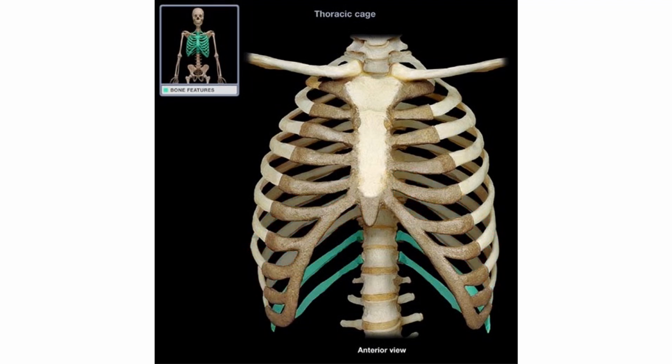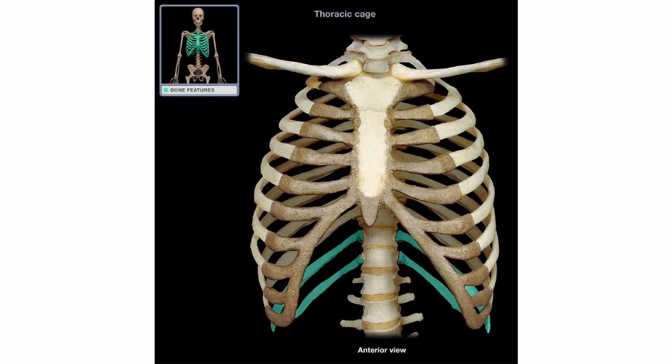The last group of ribs, which is composed of only 2 ribs, is the 11th and the 12th, and they are marked green in this image. They start at thoracic vertebrae and they turn posteriorly, and as they come anteriorly, they stop.